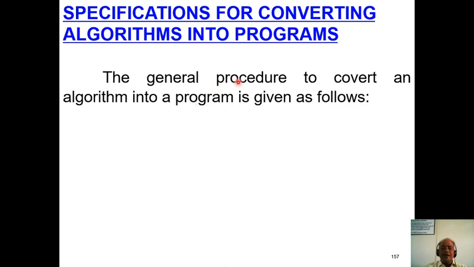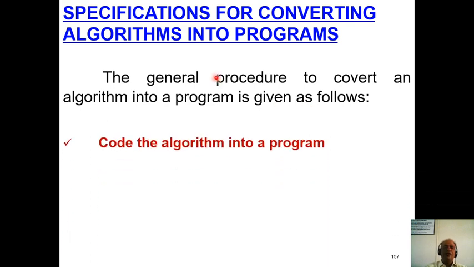So the general procedure to convert an algorithm into a program is given as, one, code the algorithm into a program. So what is the first specification? For converting the entire algorithm into a programming language, first you have to make some code generation for the algorithm, so that it will be converted into a program.